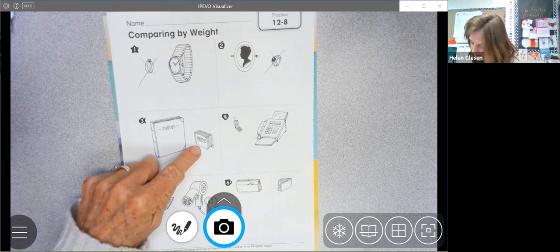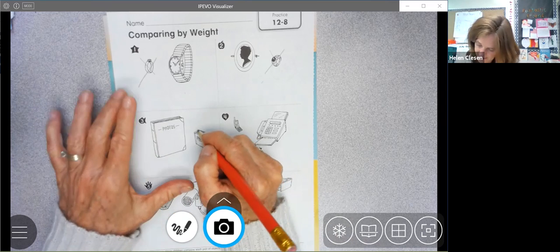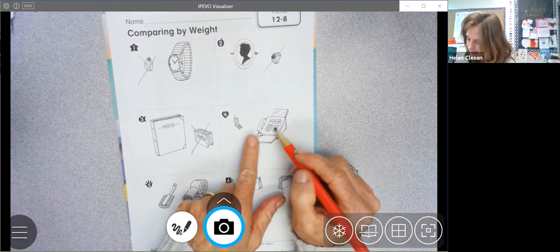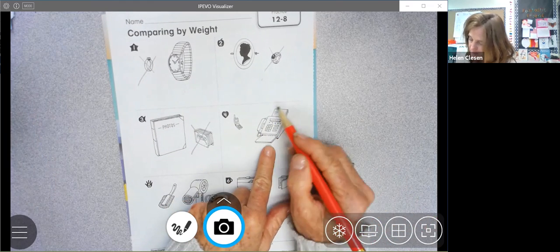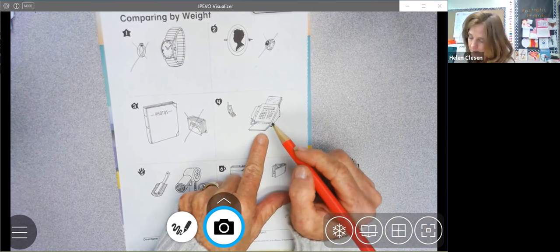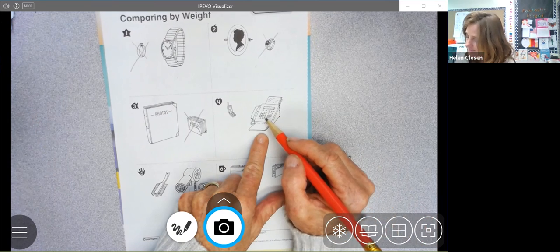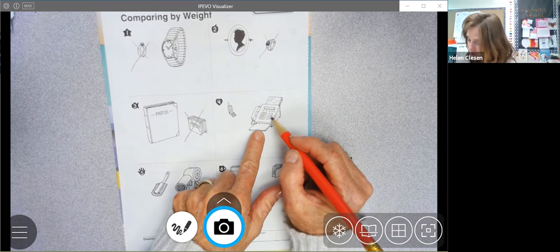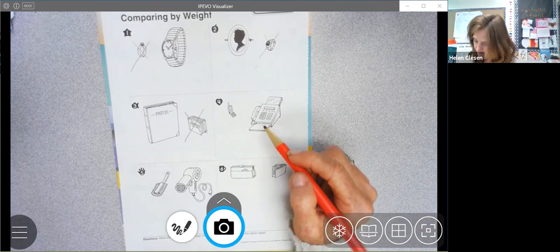So they want me to put an X on the one that is lighter. Now I have a telephone and a big telephone fax machine, copy machine. I believe that's what this is. So I believe that this telephone is lighter than this big fax machine telephone. So put an X on the lighter one.